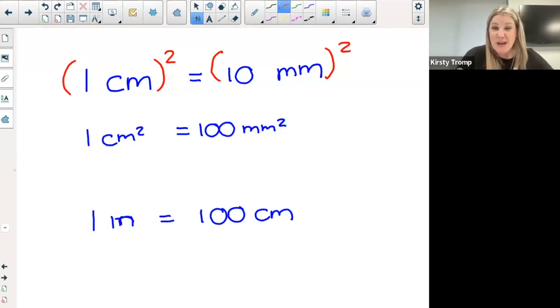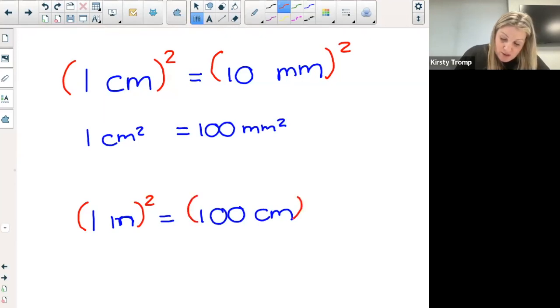But if I had to go and bring in my mirror here, what does my mirror tell me? Whatever I do to the one side, I must always do to the other side, okay? So that means that 1 times 1, which is 1 squared, right? 1 meter squared is equal to 100 squared.